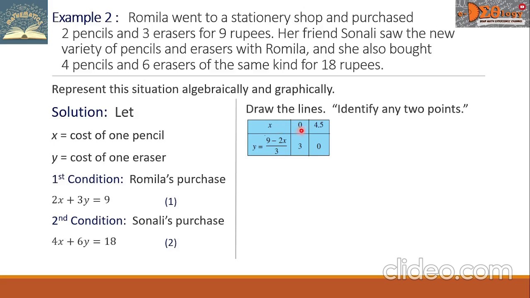We substitute 0 to this equation. We can solve for y, and that is equal to 3. Also, we can assign 0 to y, then we can solve for x, and the value will be 4.5. Therefore, the 2 points for the first line are (0, 3) and (4.5, 0).